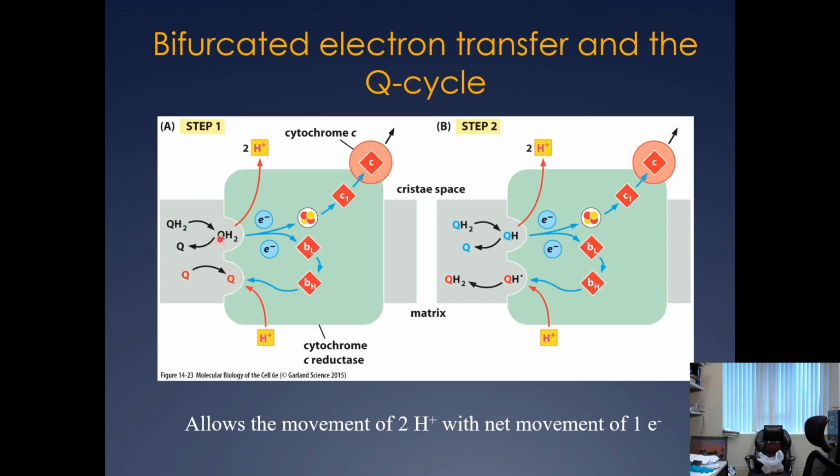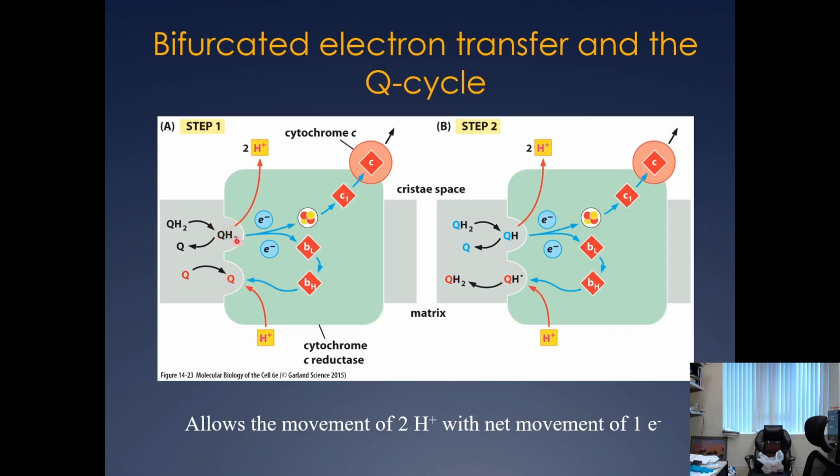Okay, so what you see here is one electron goes off to cytochrome C, and that releases 2 protons into the intermembrane space. And meanwhile, you have a proton being taken up from the matrix. Okay, and you have this semi-ubiquinone right here.